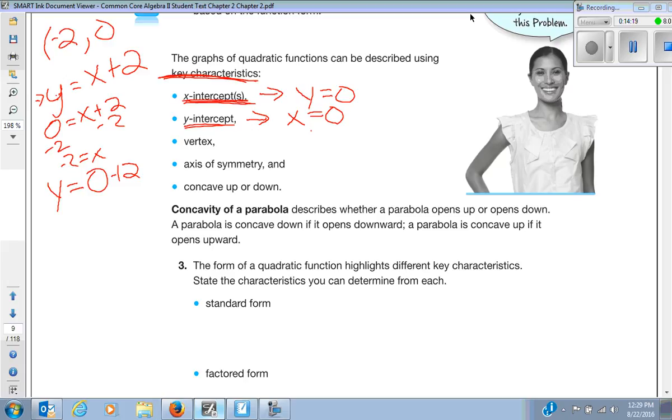If I wanted to find where x was 1, that would just be some random point, and I could plug it in. But we're going to try to graph these fast and use the smartest points every time. Intercepts are going to be smart points. Like I said, sometimes they won't intercept, but we'll talk about that scenario and what it's going to look like. With me? Okay.